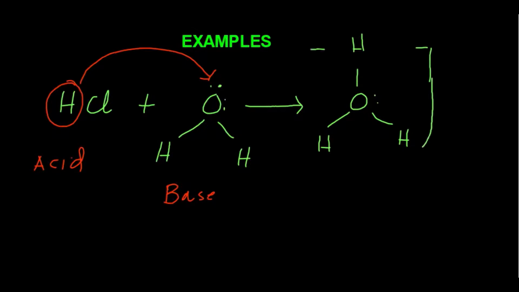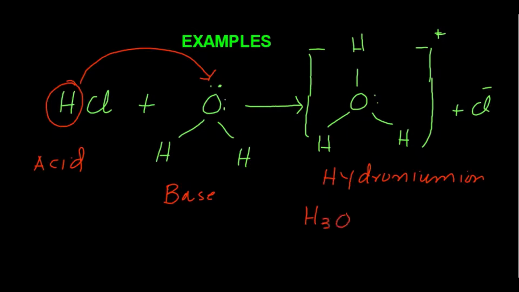So that's why there is a plus charge on oxygen, or we can say overall on the molecule we have a plus charge. Plus after donating a proton, HCl changes to chloride. This species which is formed, H3O plus, is known as hydronium. Hydronium students, simply it is written as H3O plus.